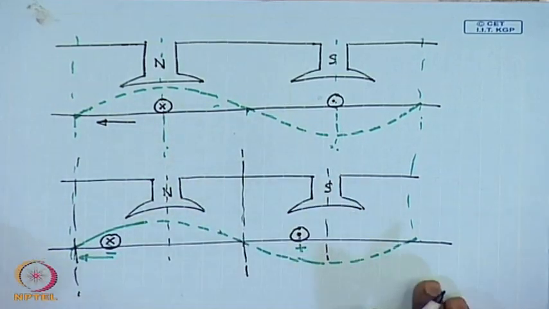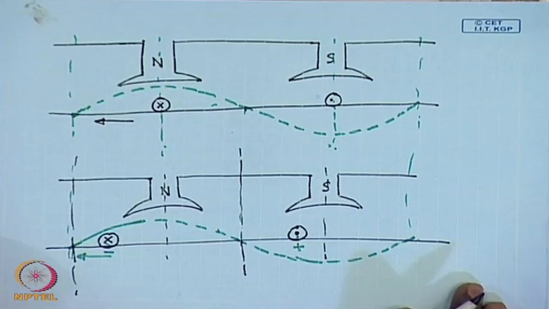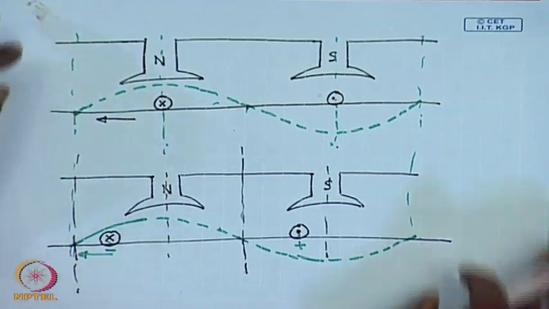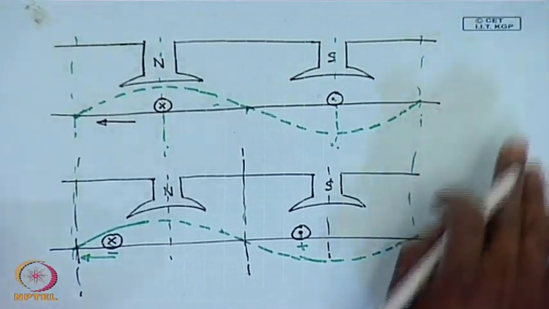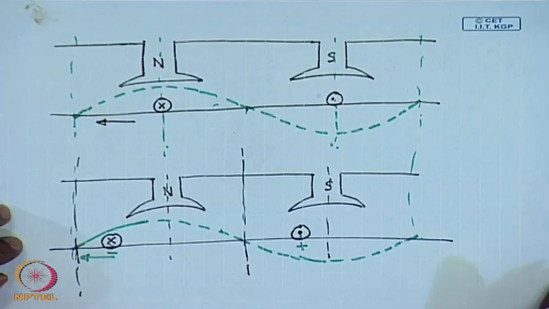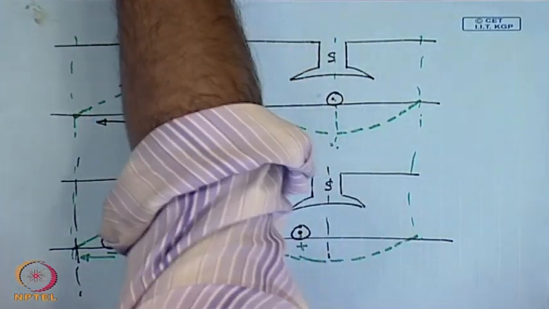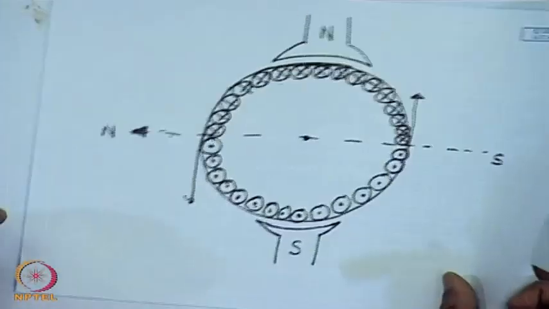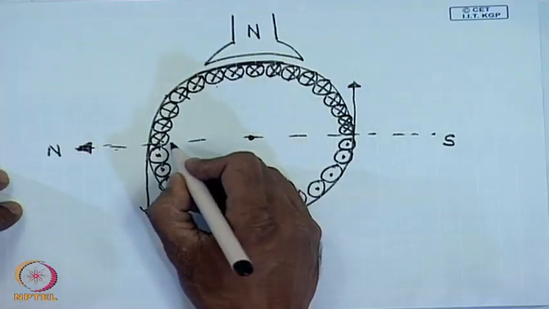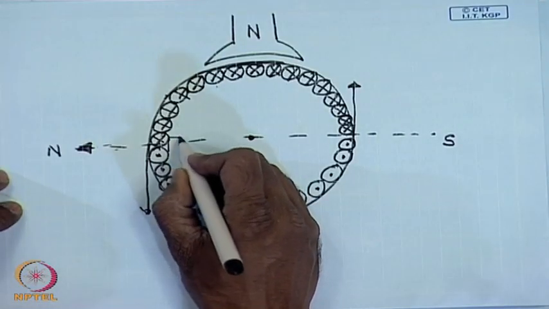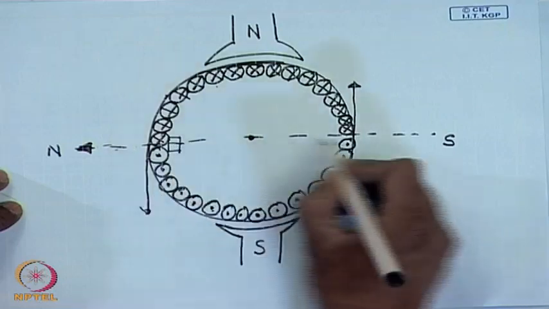That is, the coil sides should be in the interpolar region and the brush must connect to those coils which are at the interpolar region. That is why it is sometimes said that the brushes in a DC machine are placed at the interpolar position.